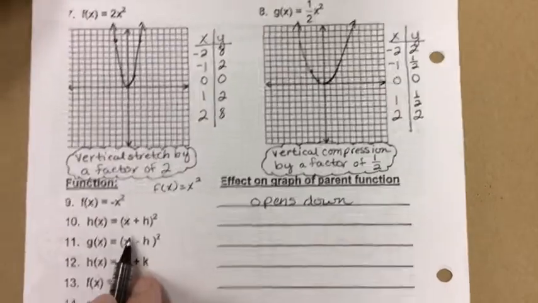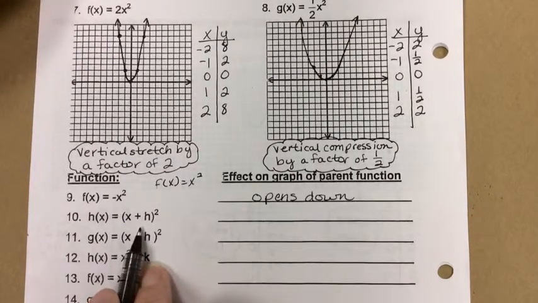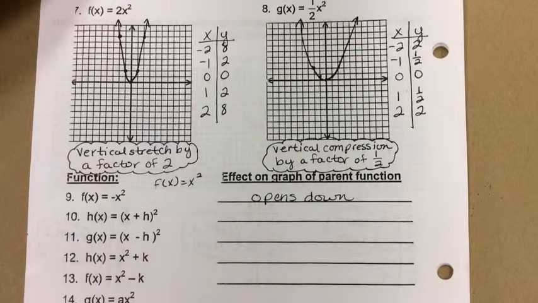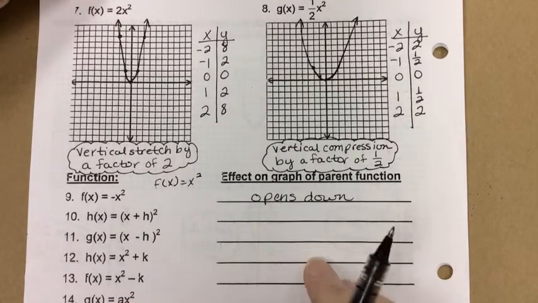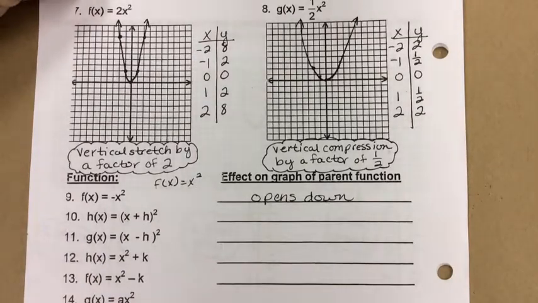Okay, when we put in parentheses, this is kind of strange, but when you put a number in parentheses with the x, and the squared is outside, it's going to move it either left or right. But when it's in parentheses, it's going to do the opposite of what you'd think. When I see a plus h, I'm automatically thinking it's going to move to the right. But since it's in parentheses, it's going to do the opposite, and it's going to move to the left.